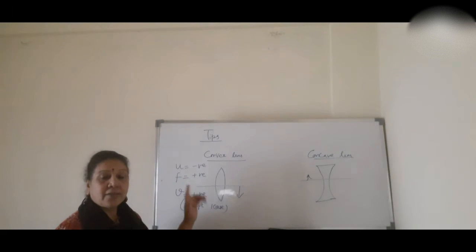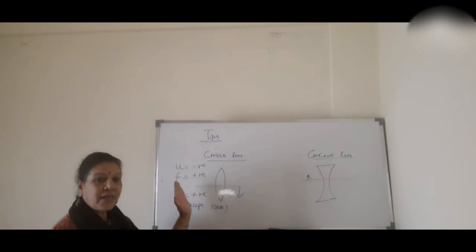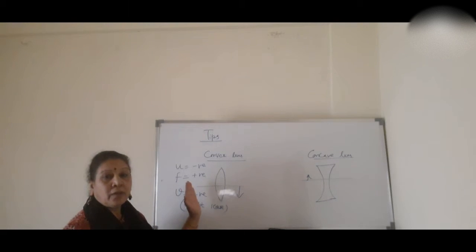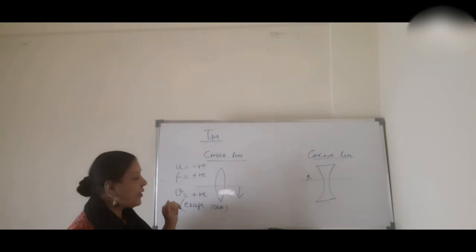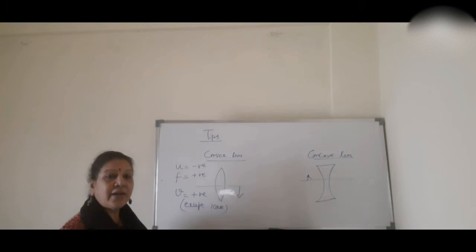At that time only V will be negative, because it is opposite to the direction of the incident ray. Otherwise, in all the other cases, the image is on the other side, real and inverted.